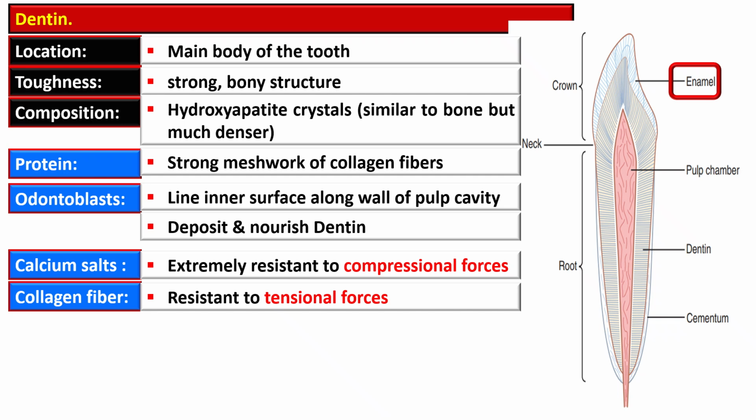There is high compressive strength from the calcium salt that results in resistance against crushing forces. High tensile toughness is achieved from the collagen, and that results in resistance to cracking or shattering when the tooth bites hard substances.